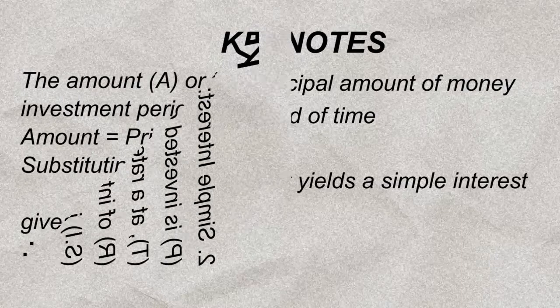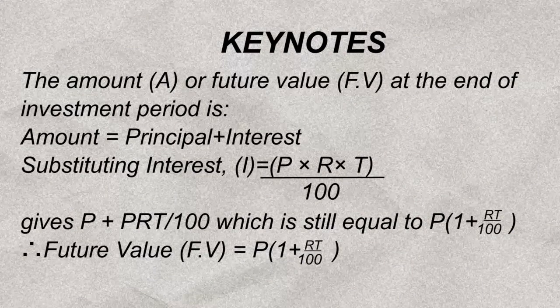You might be required to find the amount A, or the future value at the end of the investment period. The amount is equal to the principal plus the interest.